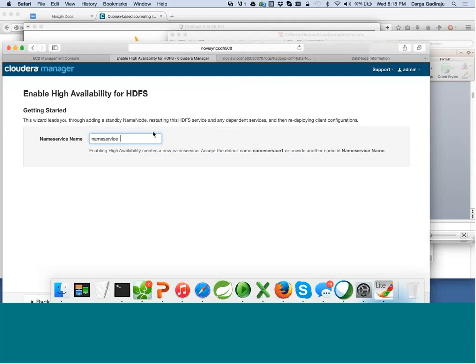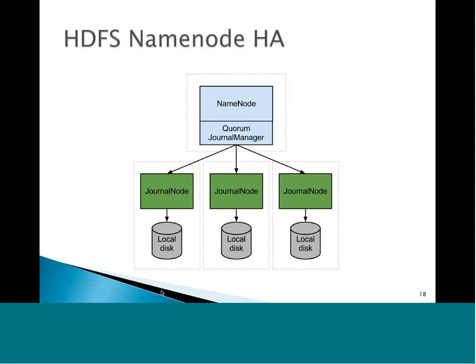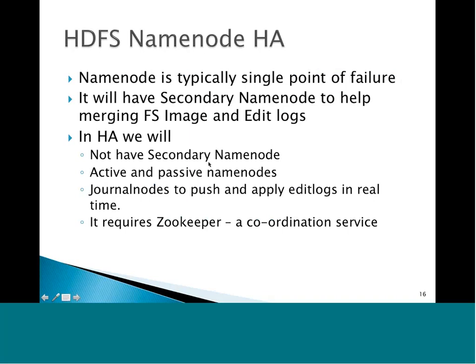Earlier, 02 is the name node and 03 is the secondary name node. Now, as I mentioned in the previous slide, there will not be any secondary name node. We will have only active and passive. So we are transitioning the secondary name node into active or passive as part of the high availability configuration.